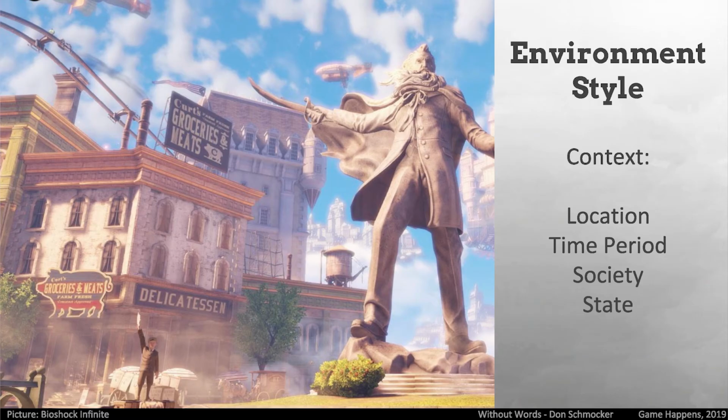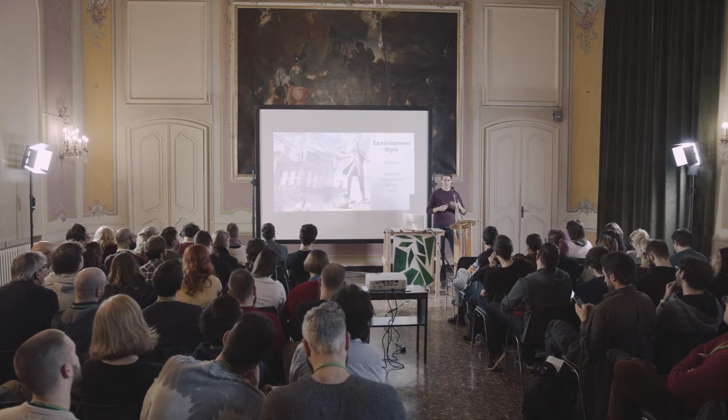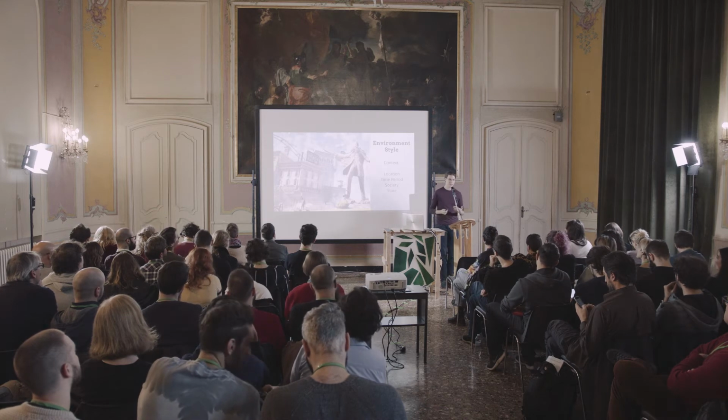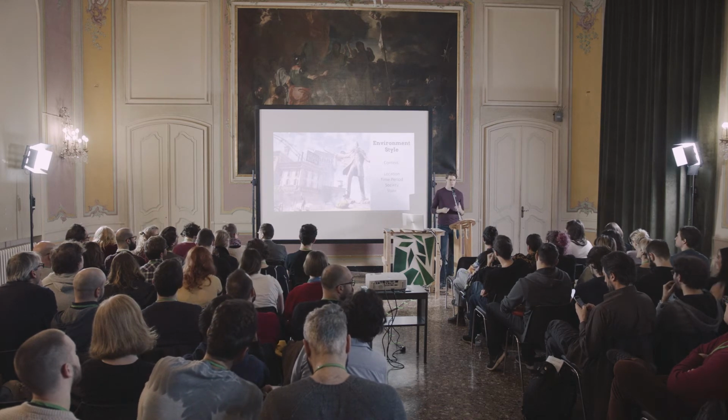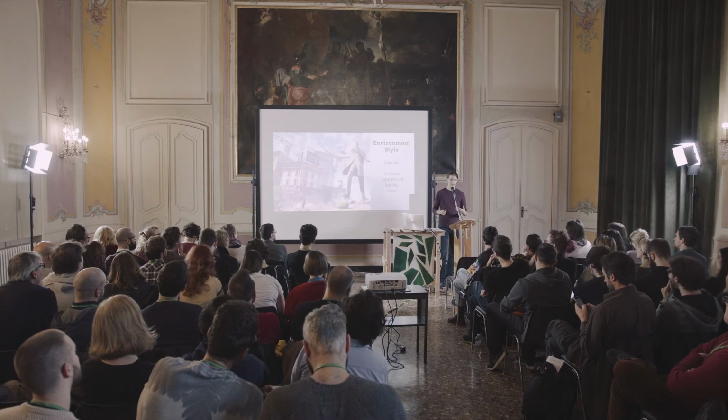So these tell us context for the location, for the time period, which people were living in, maybe they were aliens, and also which state or situation this location is in. If it's a rich city, or an overgrown post-apocalyptic city, this can tell us a lot about what actions are actually possible in this world.